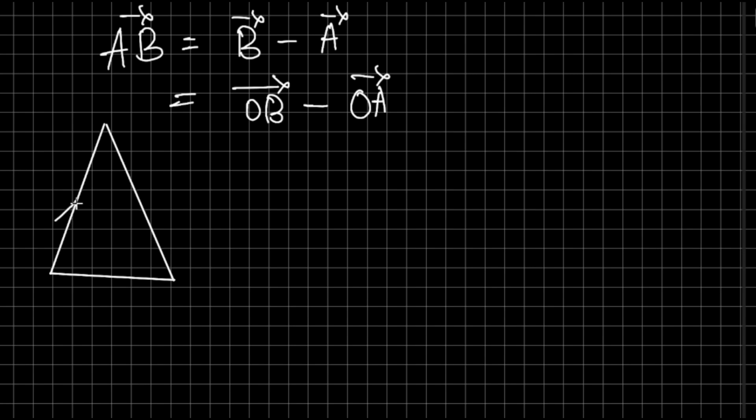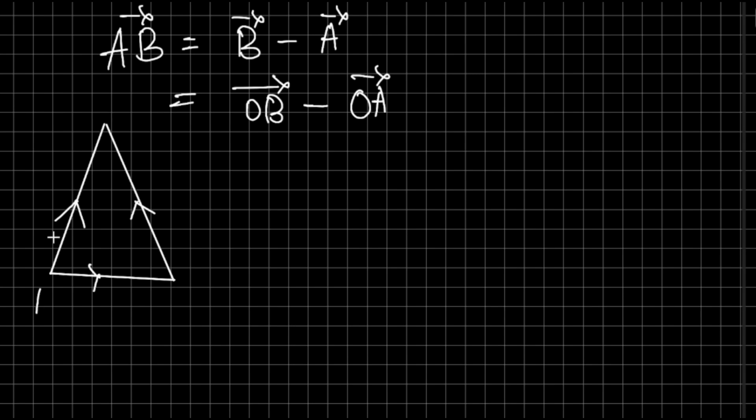So if you have this and this and this, for instance, let's say this is A, B, C, or we put O somewhere.